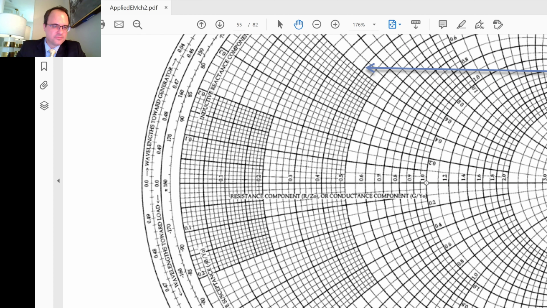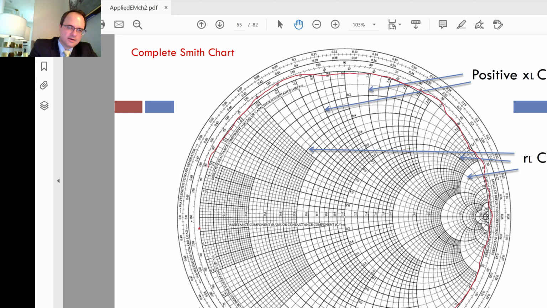For R sub L, we start at 0 for the largest circle, the circle that has a radius of 1. This whole big circle has a radius of 1 and is centered about the origin of this complex plane. And that is R sub L equal to 0.